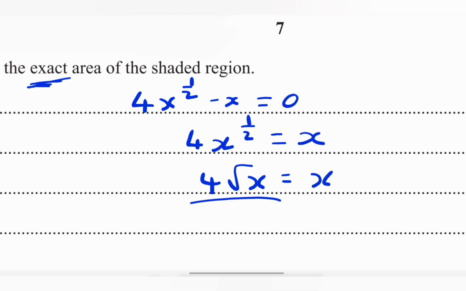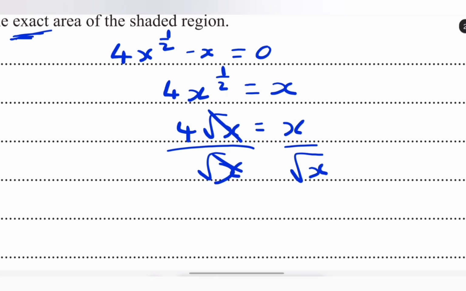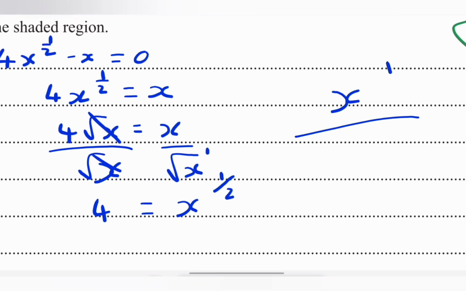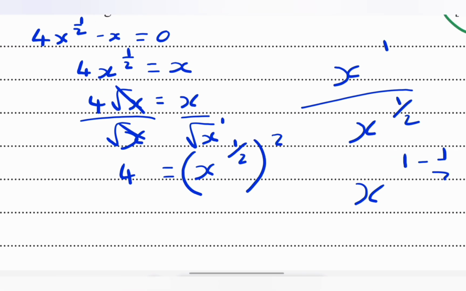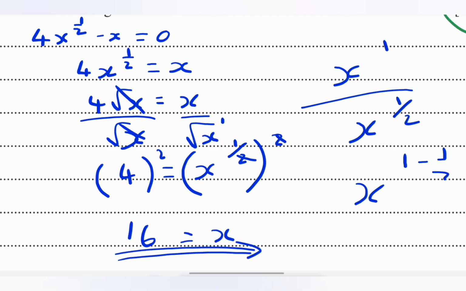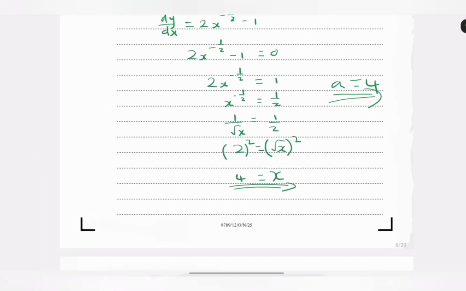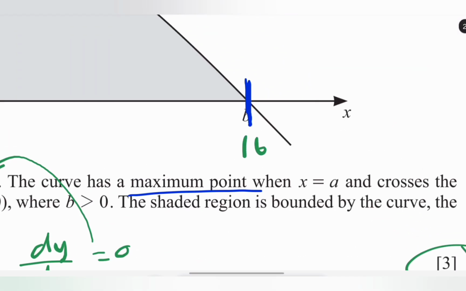So if we divide both sides by root x, we get 4 being equal to x to the power half. Since this is x over x to the power half, we know it will be x to the power 1 minus half, which is x to the power half. And for this, we just square both sides. So 16 will be equal to x. And this is b. So b here is x equal to 16.